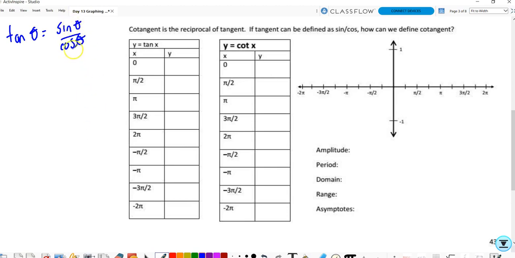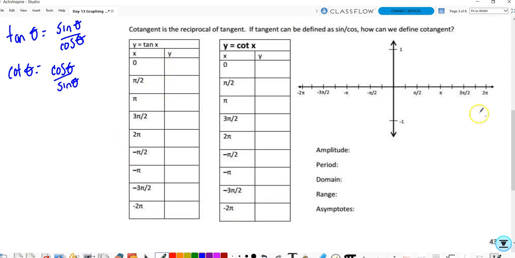Because this is y over r, x over r, so it simplifies to y over x. So that means cotangent is cosine over sine. We got that question answered there.